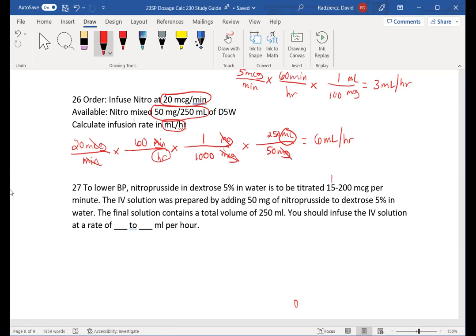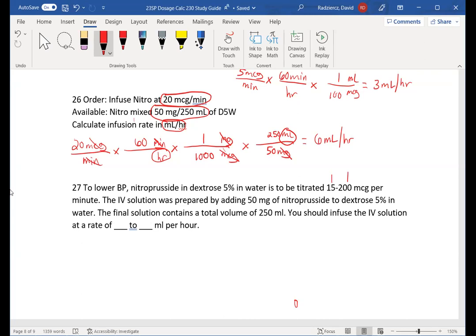So this is the start of the range and this is the end of the range. It tells you we're following this protocol. We're going to start them at 15 and work them up to 200 micrograms per minute. So we want to know what we're going to start the infusion rate at and what we're going to end the infusion rate at, and then titrate it as we move along.